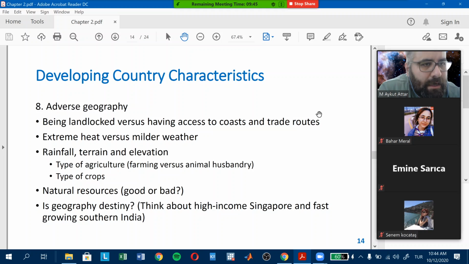So you need, of course, some sort of natural resource to develop your economy, and that also becomes an issue of macroeconomic and balance of payment stability, right? So that is important.